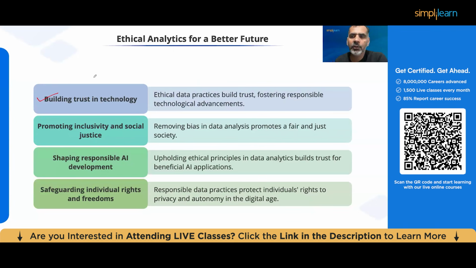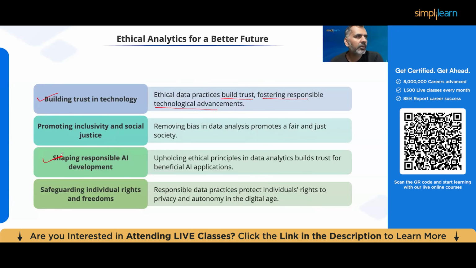When you introduce them into a data analytics process, it helps you build trust in the technology. Ethical data practices build trust, fostering responsible technology advancement. Promoting inclusivity and social justice: when you remove biases in the data analytics process, that introduces fairness, and that is good for society.